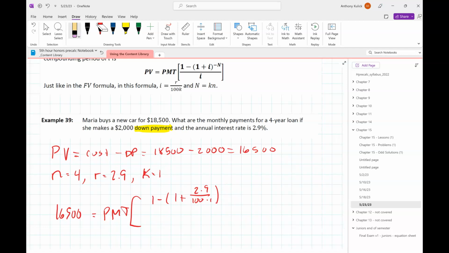Oh, shoot. So the K isn't 1 here. K is 12. That's my fault. It's like those are going to be some massive monthly payments if we're only making 4 total payments on this.